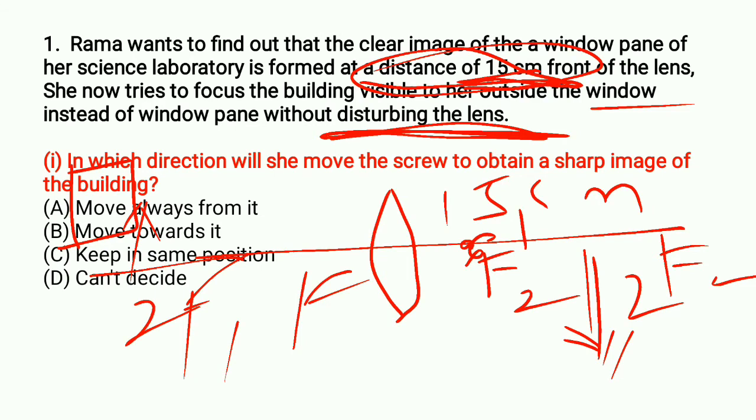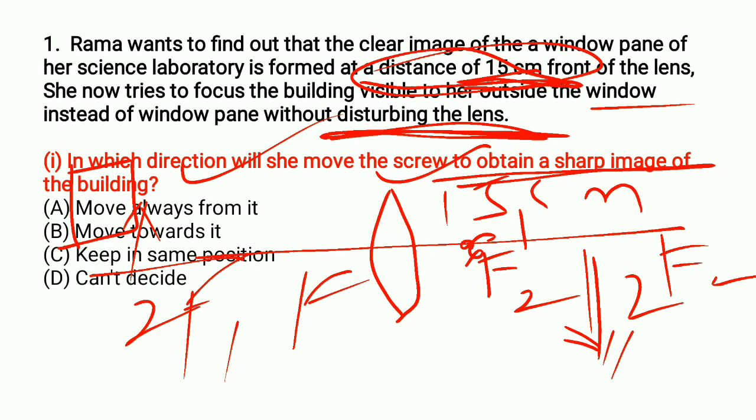Now see the question. Without disturbing the lens, we have to take the image of the building. The question is: in which direction will she move the screen to obtain the sharp image of the building? Without disturbing the lens, she wants to catch the image of the building.